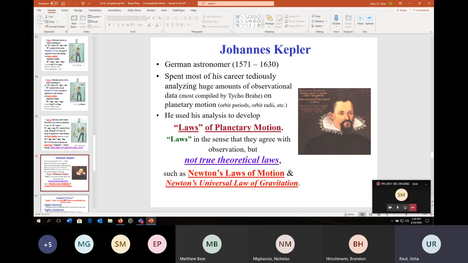He came up with 3 laws that could not have been verified at the time, but he put them forth from his observations.